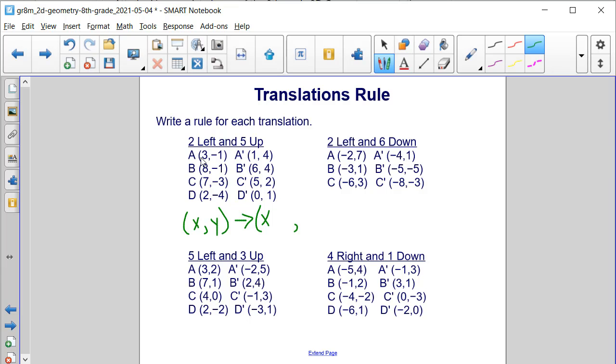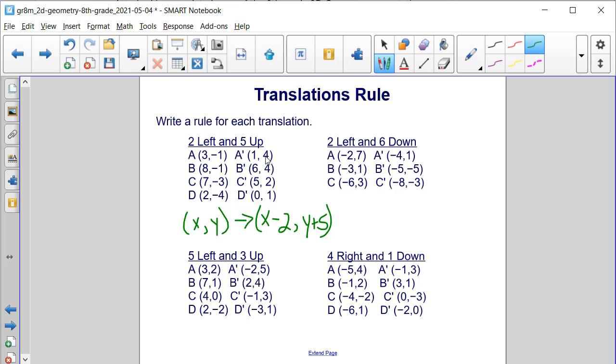So that's decreasing our x value by 2. From 3 to 1, we subtracted 2. From 8 to 6, we subtracted 2. From 7 to 5, we subtracted 2. From 2 to 0, we subtracted 2. And then our y values, they didn't stay the same. They went up by 5 or increased by 5.